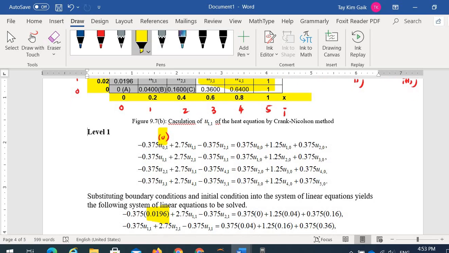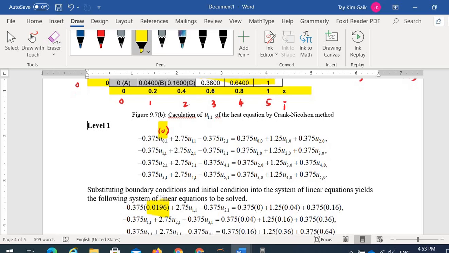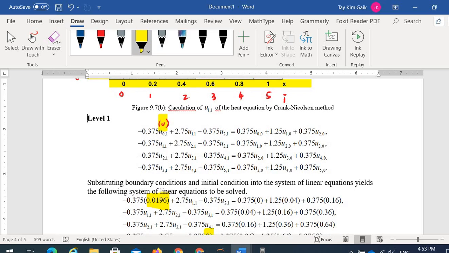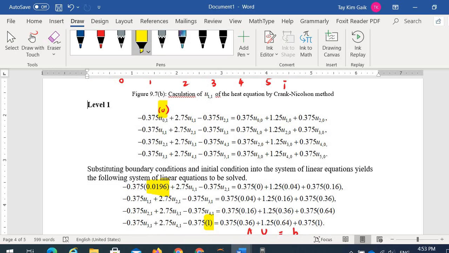Later on, the second time, this is your 0.04, 0.16, 0.36. And then move. 0.16, 0.36, 0.64. And then 0.36, 0.64, 1. Then you need to press all these 4 lines.